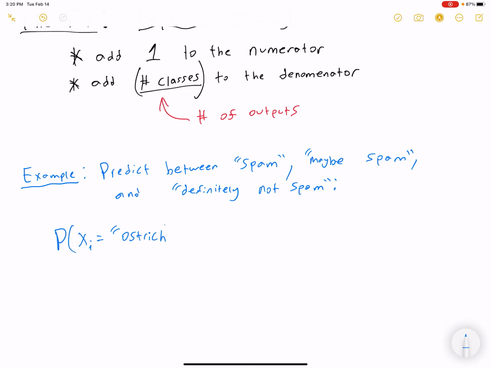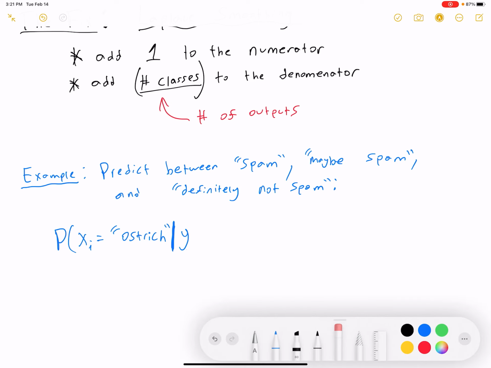So the probability of ostrich given y, we'd evaluate this for each condition of y.